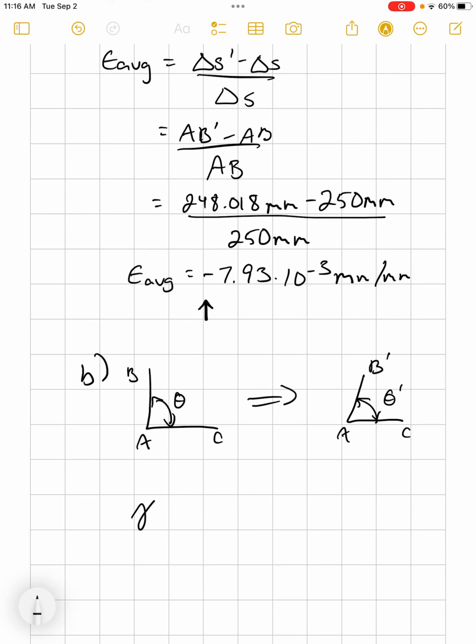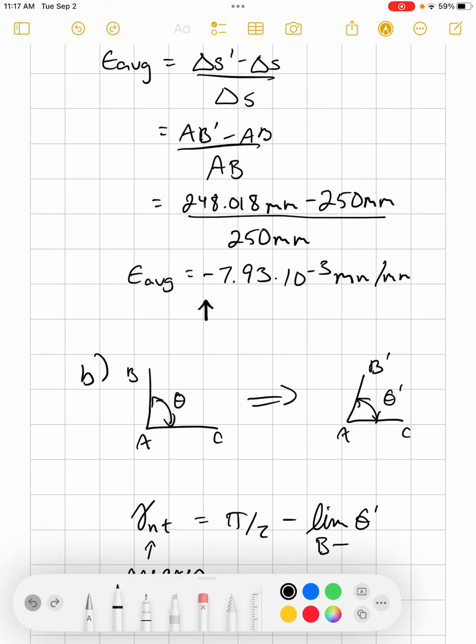So mathematically, we write this as gamma, yet another gamma, right? N and T are the axes, okay, equal to pi over 2, that's the original angle theta, because originally it's perpendicular, minus the limit of theta prime as, well, I think I might have these swapped.